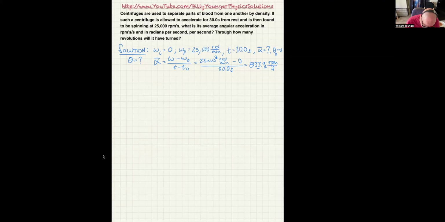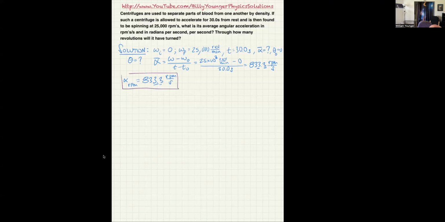Now, I also asked for us to calculate it in radians per second, so our radians per second per second. To do that, I'm going to take the alpha in RPMs, which I said was 833.3 revolutions per minute per second. I'm going to box that off.